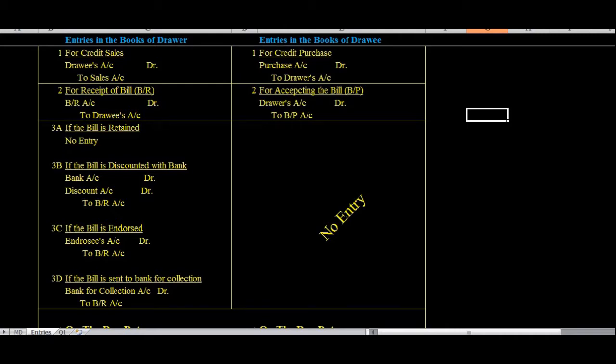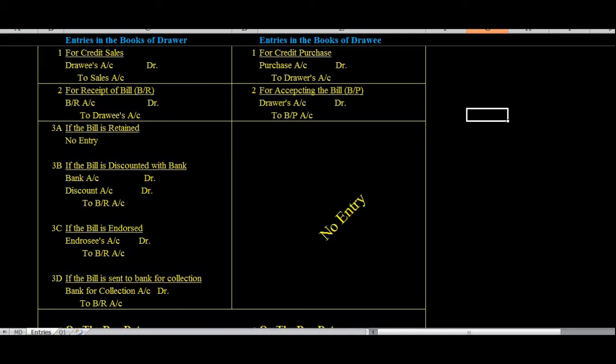Drawee is the receiver. Sales is an income. So the journal entry becomes Drawee's account debit to sales account. However, when a drawer sells, the drawee purchases. So in the books of Drawee, it would become for credit purchase, and the entry is simple: purchase account debit to drawer's account.